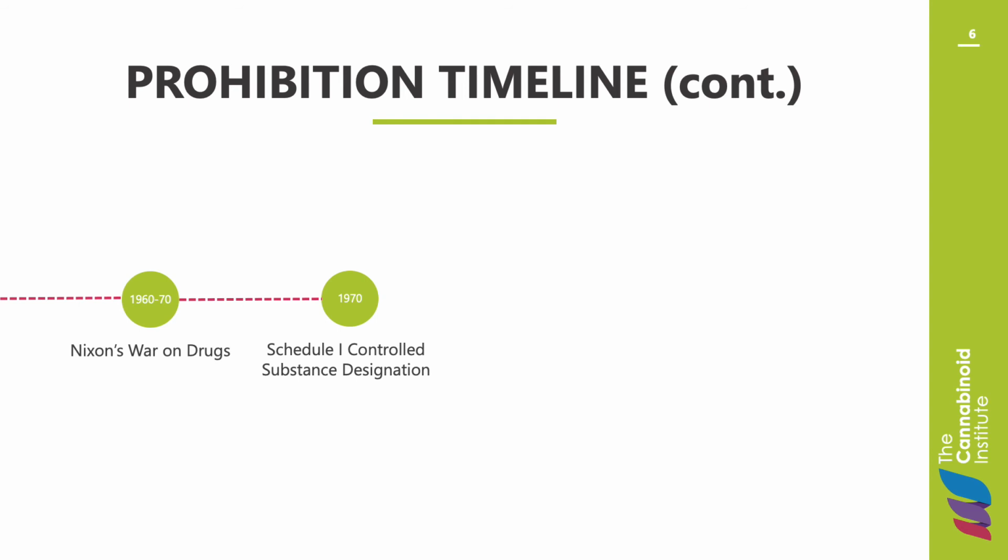Interestingly enough, the initial scheduling of cannabis as Schedule 1 was given on the recommendation of the Department of Health, Education, and Welfare, who stated, quote, "Some questions have been raised whether the use of the plant itself produces severe psychological or physical dependence as required by a Schedule 1 or even Schedule 2 criterion.